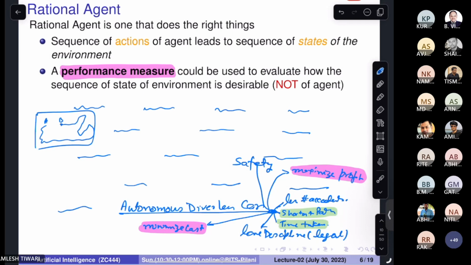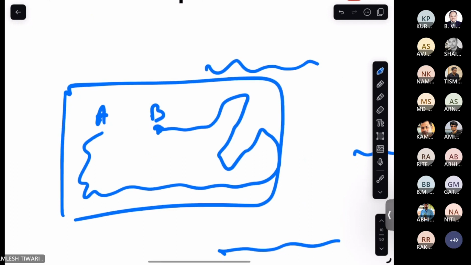Am I right or not? The taxi driver would not like to go this way, from here to here, because then he would only take 20 rupees. But if he goes this way, he can charge 100 rupees.